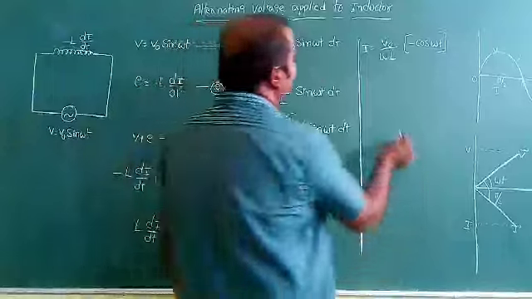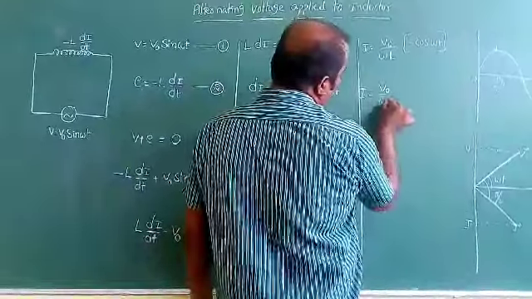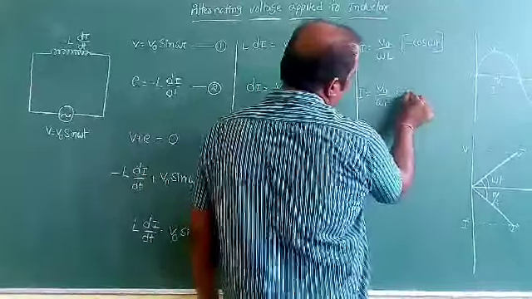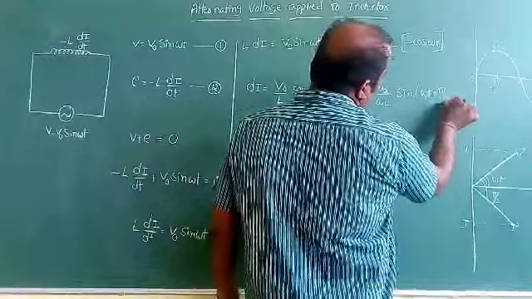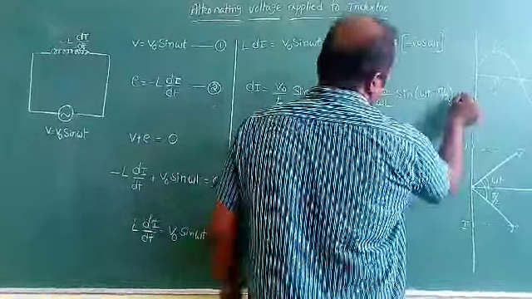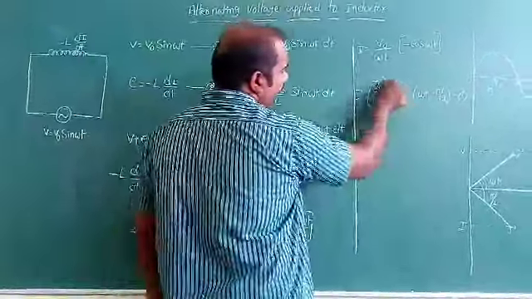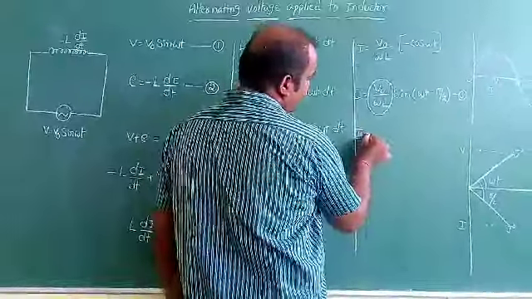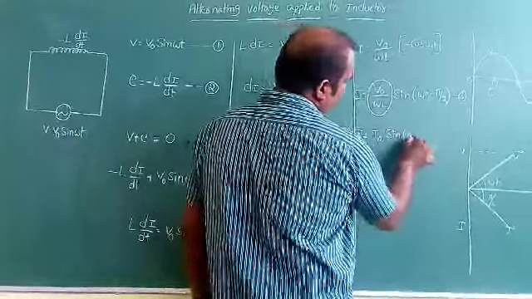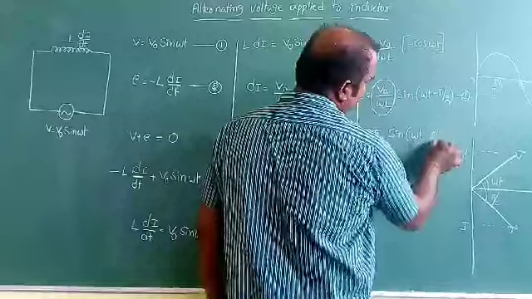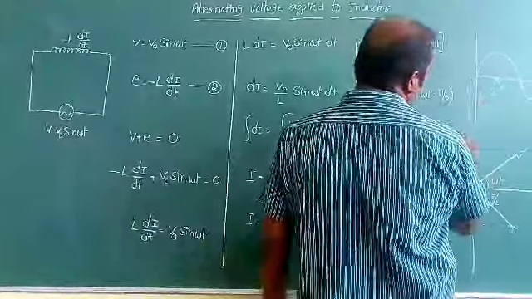Then I is equal to V naught by omega L sin of omega t minus 90. So this is equation 3. In place of this, I can write I is equal to I naught sin of omega t minus pi by 2.